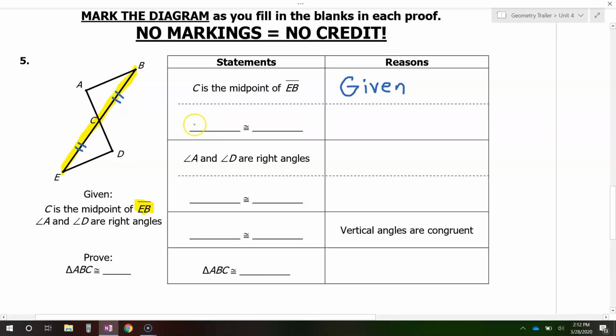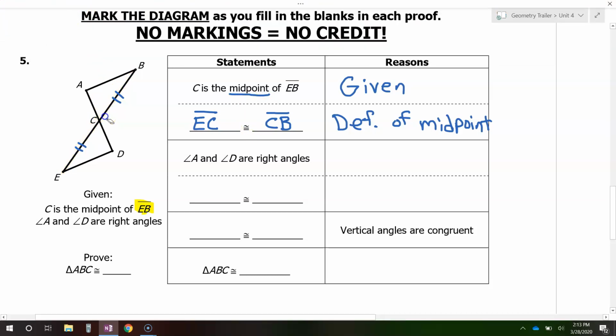So segment EC is congruent to segment CB. Okay? And this is going to be the definition of, guess what? The previous statement said midpoint, so it should not surprise you that this will be the definition of midpoint. All right, that's a giant clue right here.